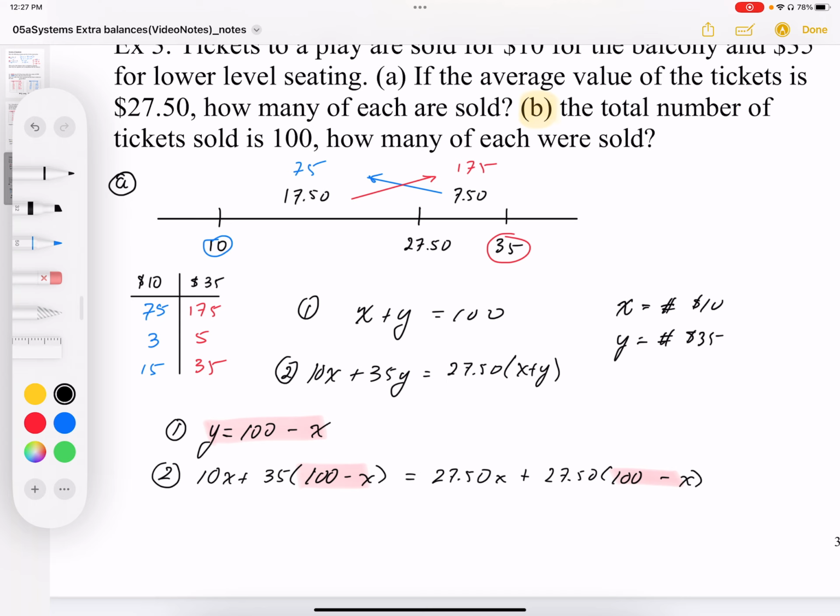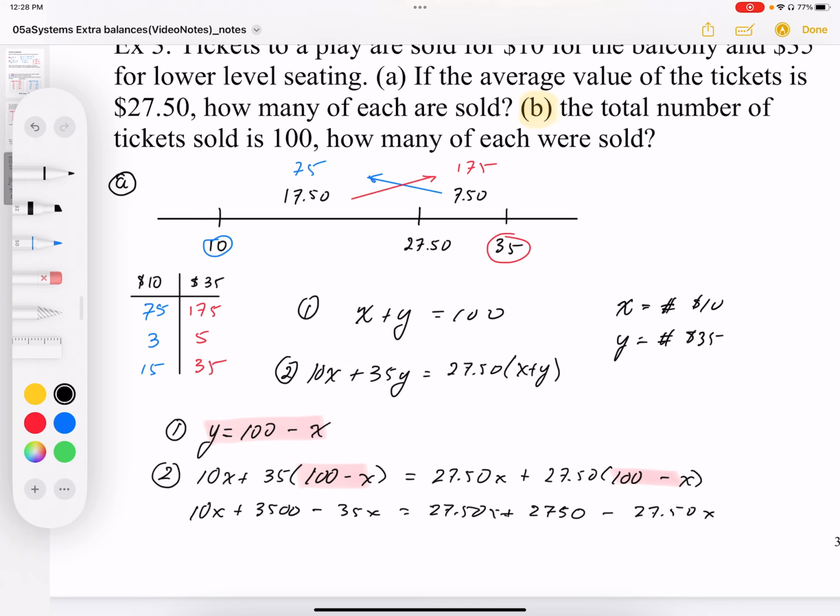Okay, so then expanding this all out, I get 10x plus 3500 minus 35x is equal to 2750 minus 27.50x.